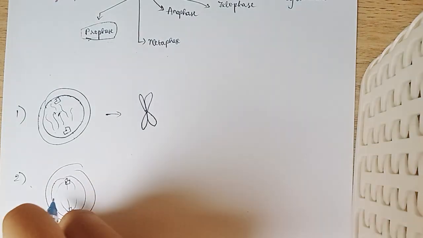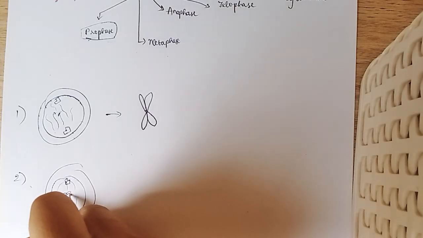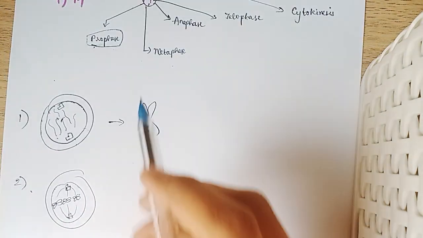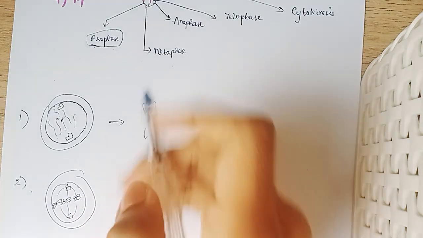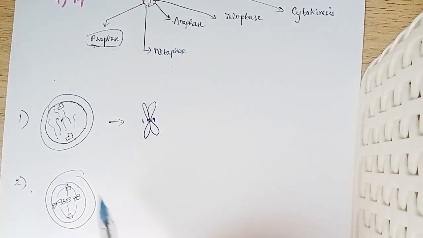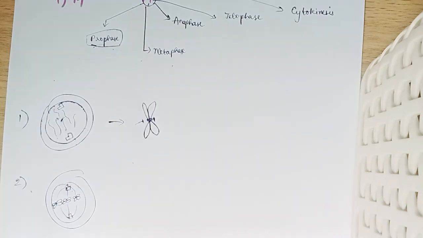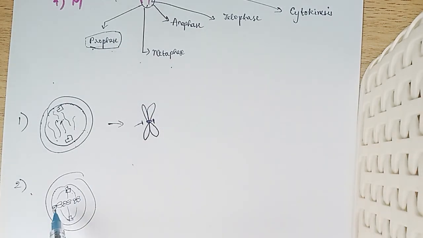In this there might be chromosomes. Let's take 3 for this example. 3 chromosomes. So we know in a chromosome there is a centromere, as well as on the sides there are kinetochores, right? So the spindle fibers come and attach to the kinetochores of the chromosome, and these get aligned in the middle.